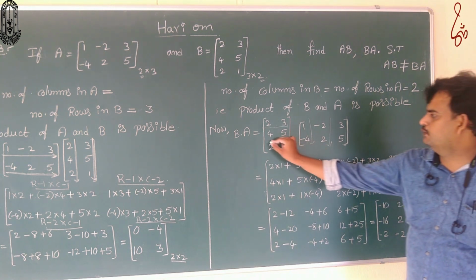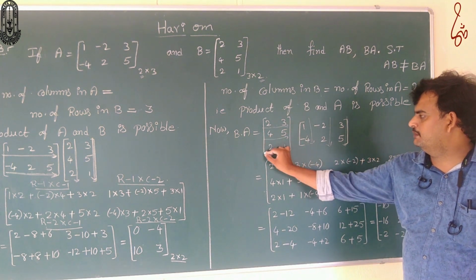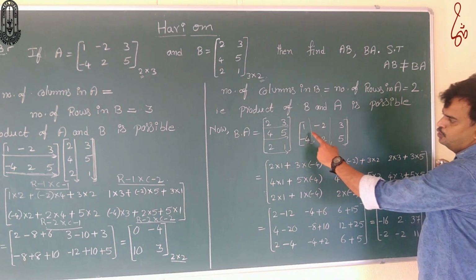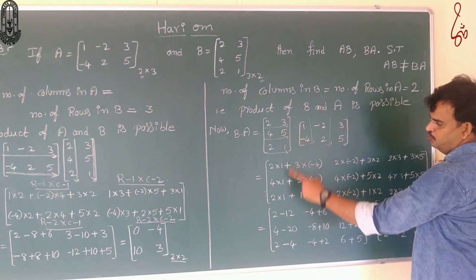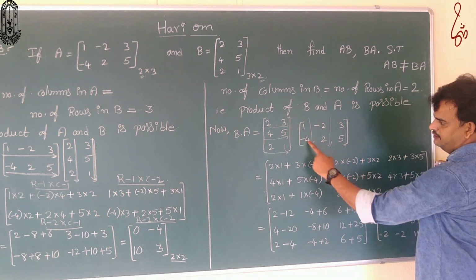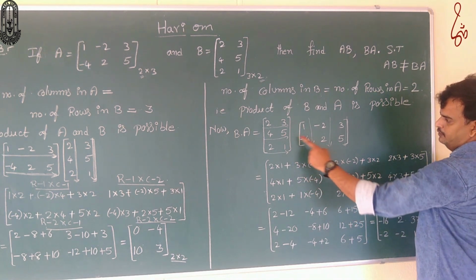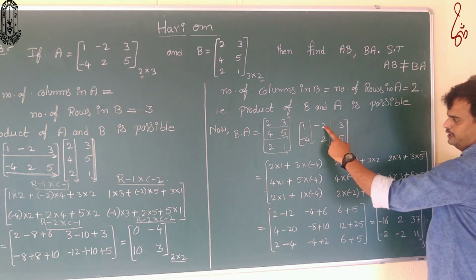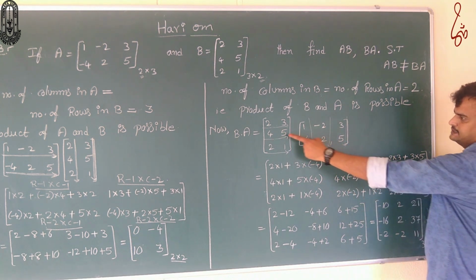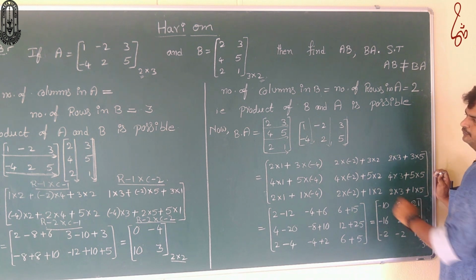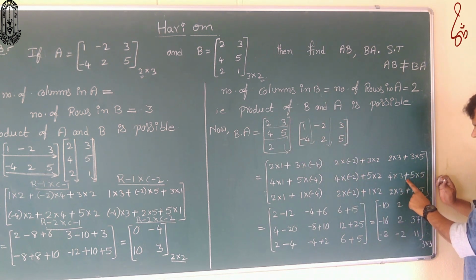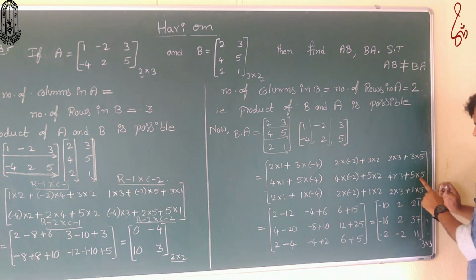Similarly, we are going to multiply with row 2 elements and row 3 elements. Now, row 2 into column 1, 4 into 1 plus 5 into minus 4. Column 1 completed. And then we are going for column 2. 4 into minus 2 plus 5 into 2. Now with column 3 elements. 4 into 3 plus 5 into 5.